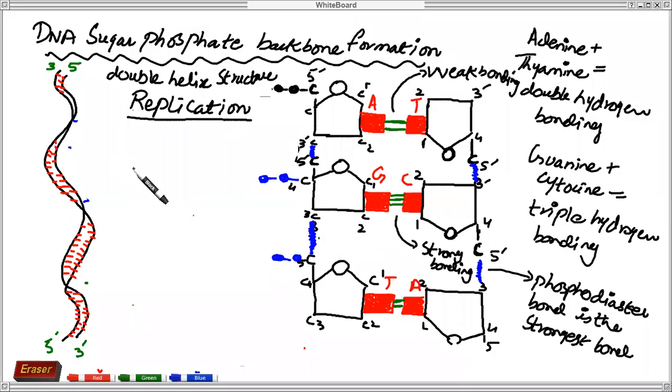Okay, now we will study the replication of the DNA or RNA. In both replication of DNA and RNA, the following enzymes are involved.